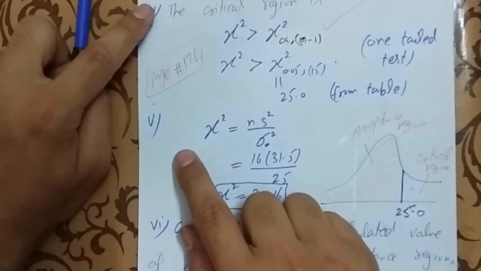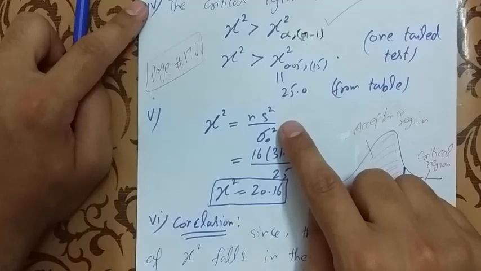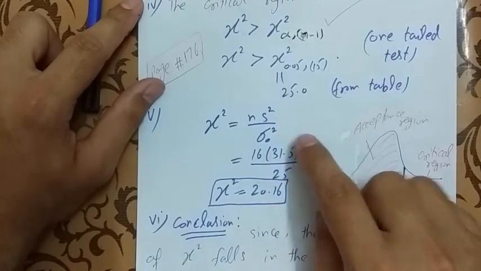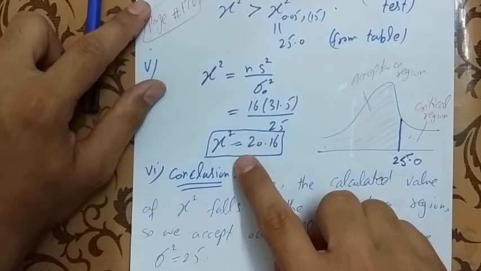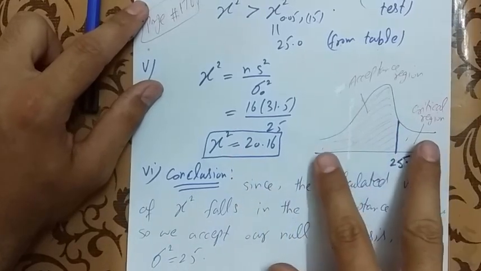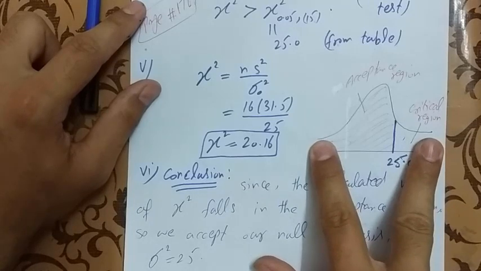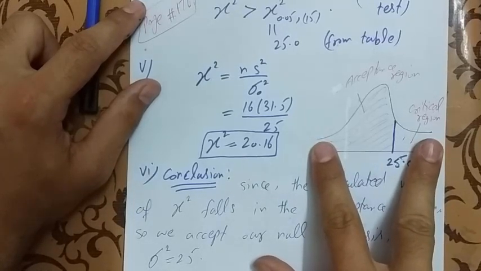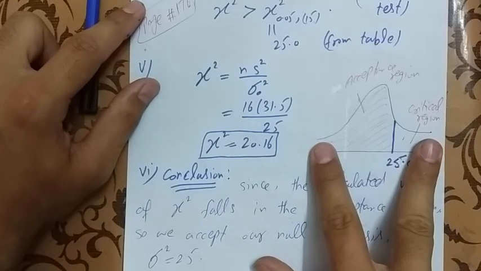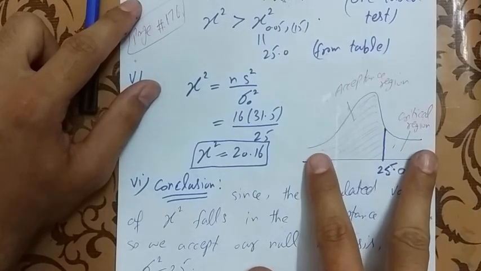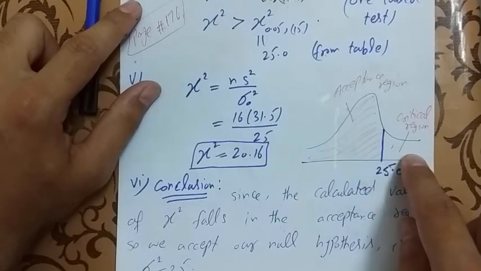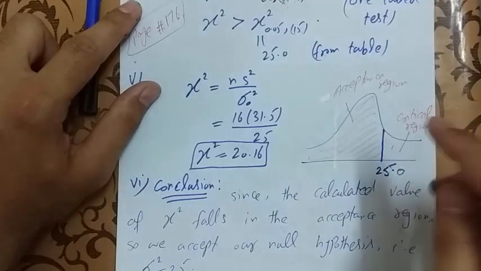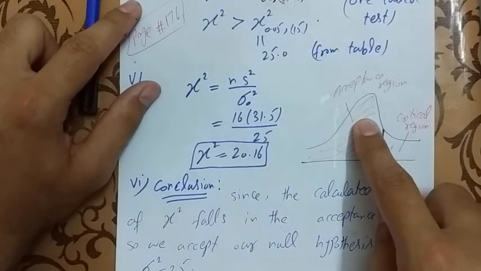Now in the fifth step, compute the value by using the formula defined in step number 3, n s square over sigma naught square. Putting in the values, we get the required result, chi-square 20.16. Students, we have this bell chart, and we see that this is a one-tailed test, and this is the critical region on the right side, and this is the acceptance region.